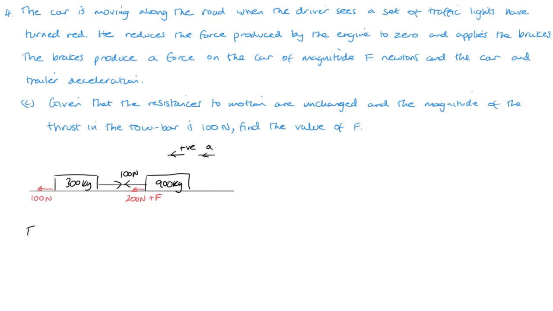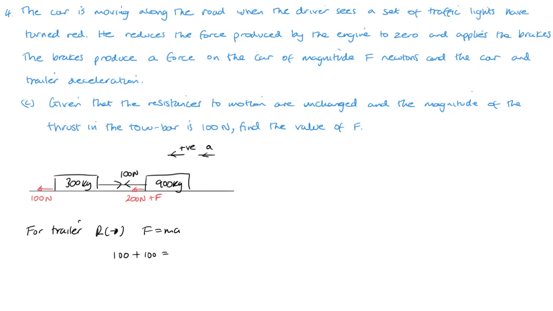Now let's look at the trailer first. Because if we deal with the whole system, it takes out that tension, that thrust in the trailer. And we need that, don't we? Because if we look at the trailer using F equals ma, we've got a forward thrust of 100 minus a rear of 100.